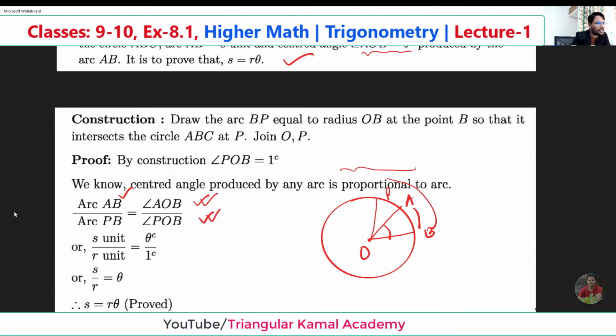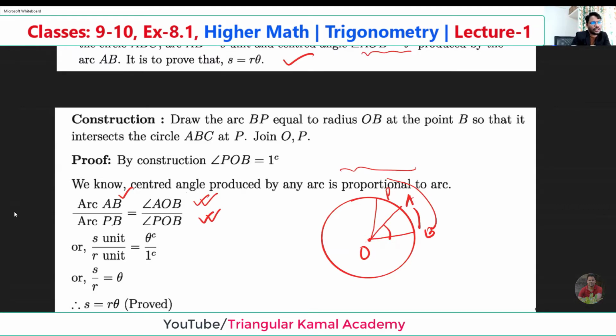That's why if the arc is on the upper side, this subtended angle must be on the upper side. If the arc PB is in the denominator here, then the subtended angle will be placed in the denominator. So this makes the relation in the equation: arc numerator and its subtended angle, arc denominator and its subtended angle.